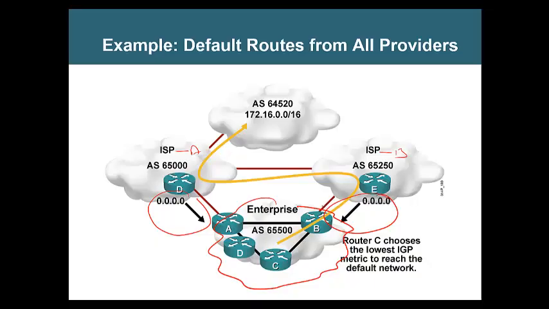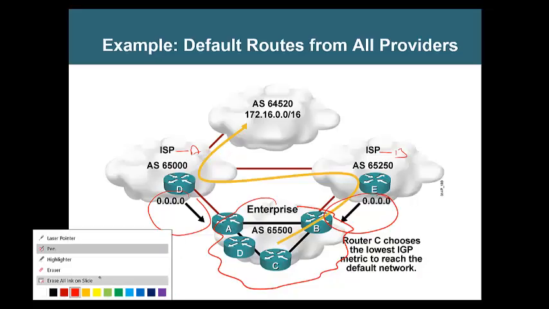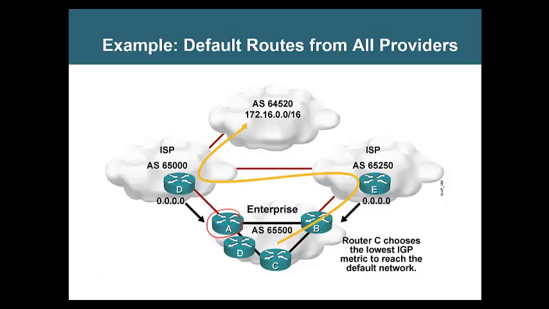Rather, they give you only a default route. What is the advantage of this option? Your routers need not process too many routes. Your routing table will not be too big. Your enterprise routing table will have routes of the local network and then a default route. That's it. Nothing more.